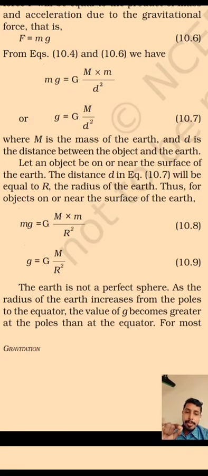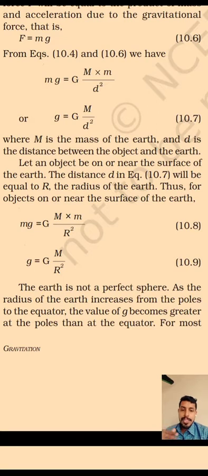Inversely proportional means if r square is increasing, then the value will be lesser. Okay, so at the equator we will get 9.8, at the poles we will get 9.9, but in the case of earth we are taking 9.8 itself.